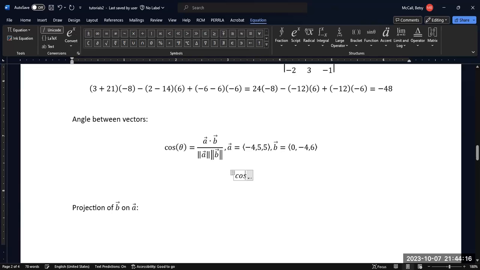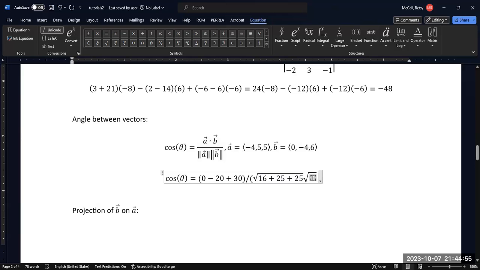So we're going to have cosine of theta is going to be, now what is our dot product here? So -4 times 0 is 0. 5 times -4 is -20. And then 5 times 6 is going to be 30. So that's our numerator. And then in the denominator, we're going to have the magnitude. The magnitude of A is going to be 16 plus 25 plus 25, each of the components squared.